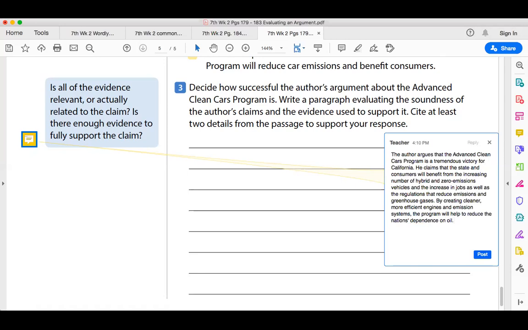And at the end is where I restated the question, I answered the question, I've got 2 cites in there that I wrote in my own words, and then I explained, right?